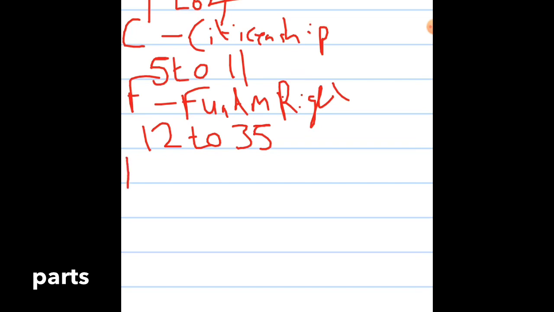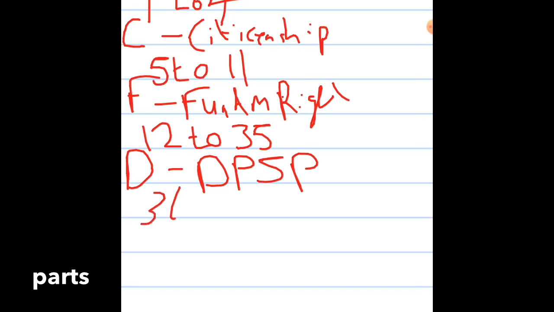And the fourth letter is D. D stands for Directive Principles of State Policy, from Article 36 to 51.